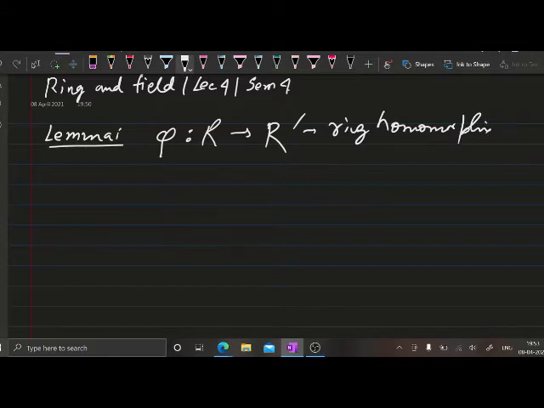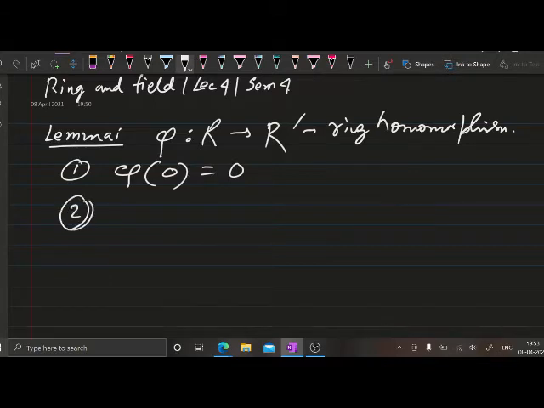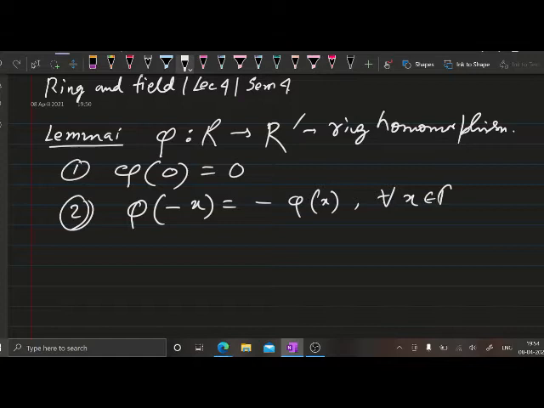Then you will have the following two immediate properties: one is phi of 0 goes to the 0 of R dash, and secondly phi of minus x equals minus of phi x for all x belongs to R.